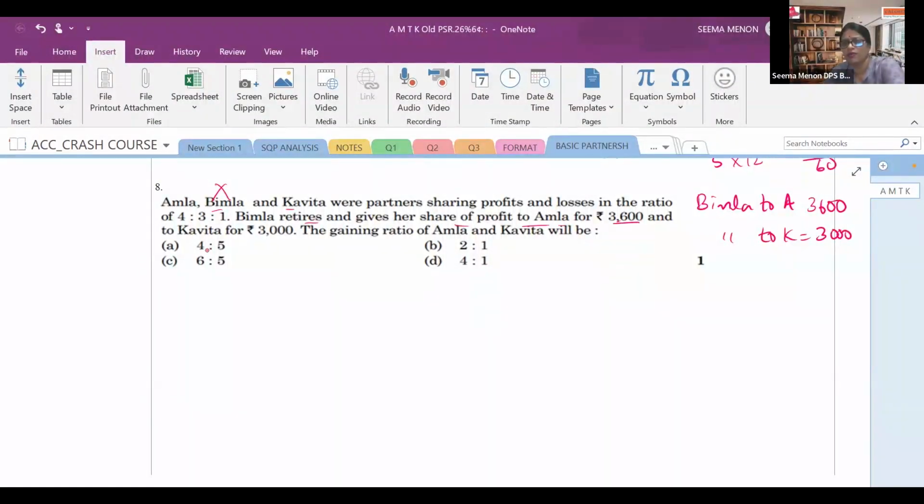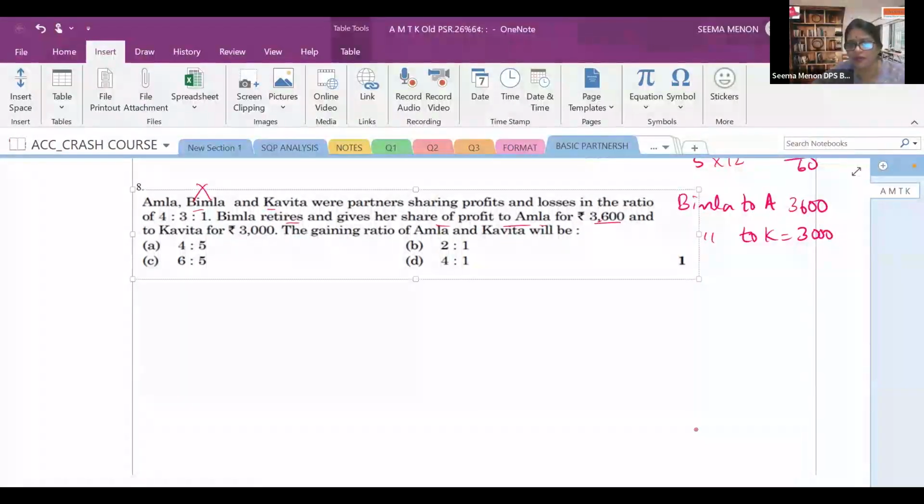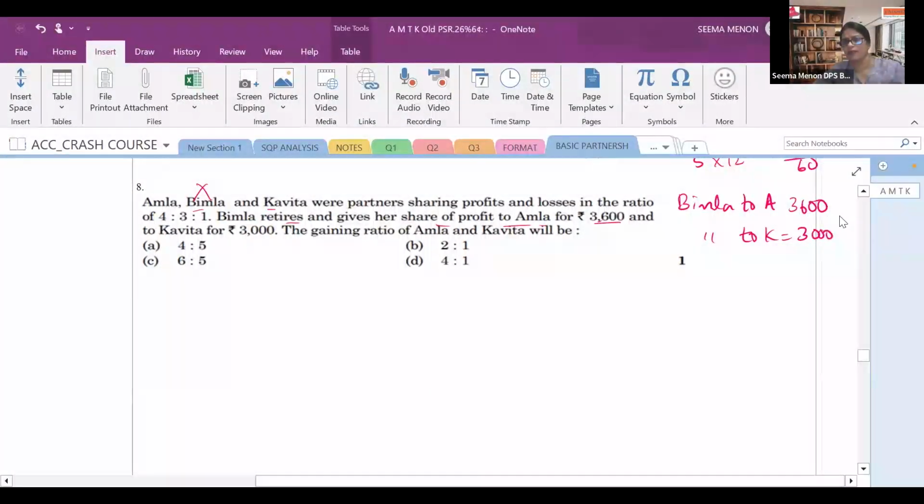So the ratio is 3,600 is to 3,000 between A and K. This will be 6 into 600, then 5 into 600. So the ratio is 6/11 and 5/11. How did we get 11? 6 plus 5.